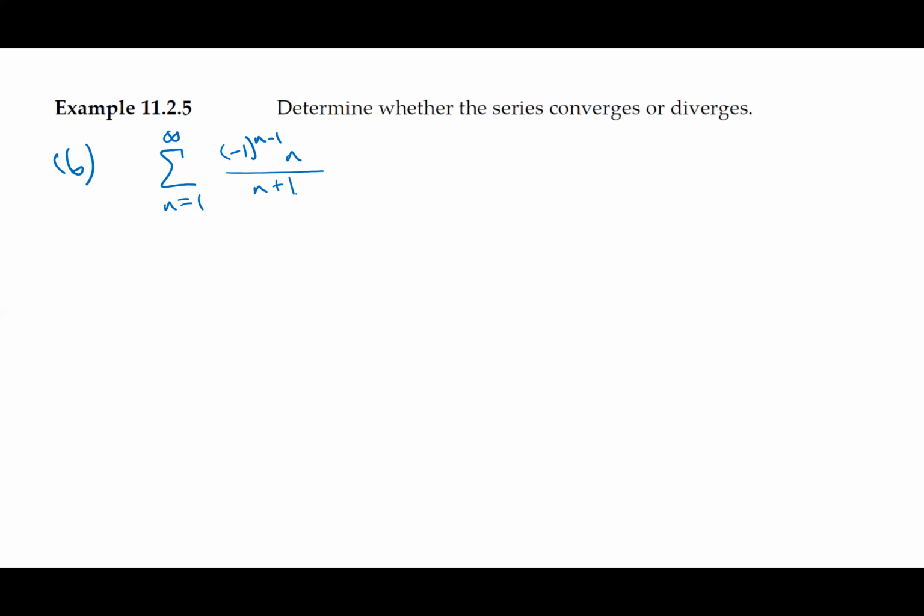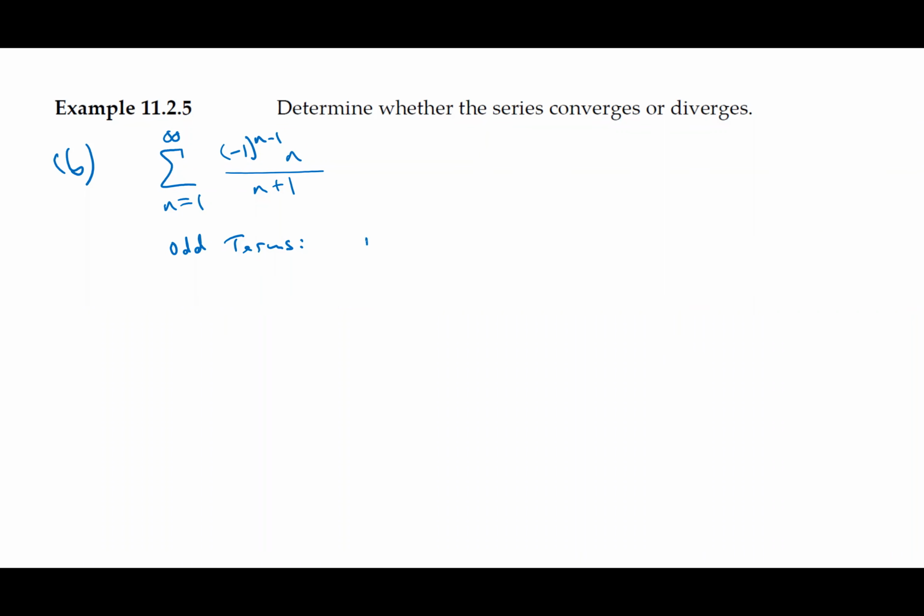Okay? All right. Well, just for fun here, let's look at the odd terms. Okay, the odd terms. Well, so what would the odd terms be? Maybe write out a few just for fun here.